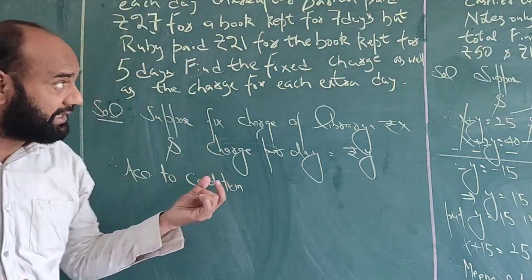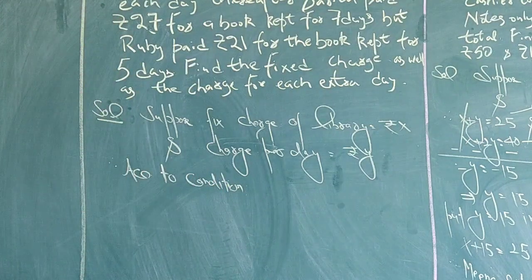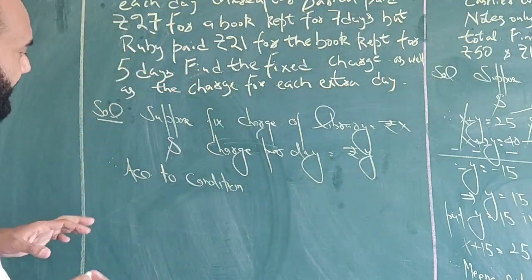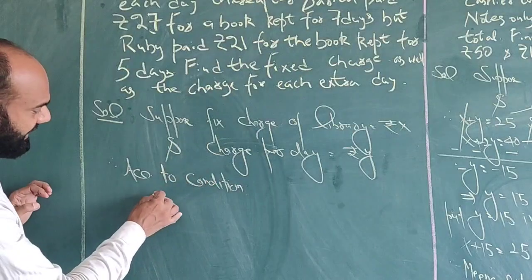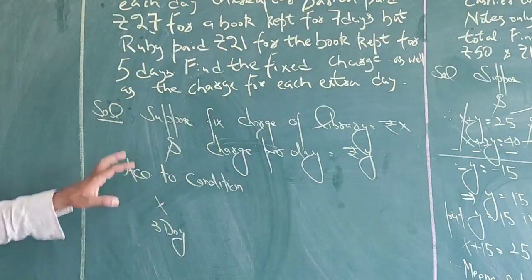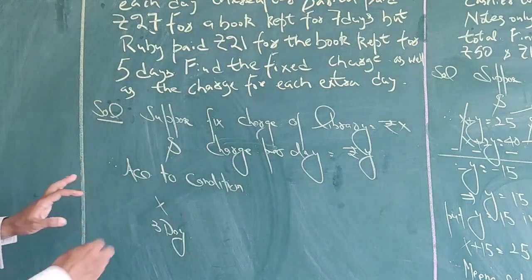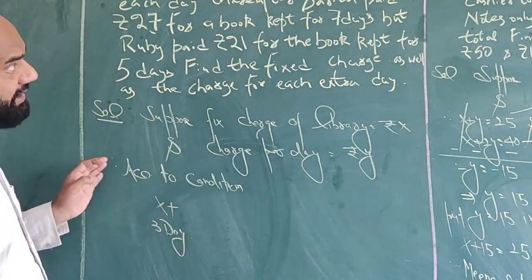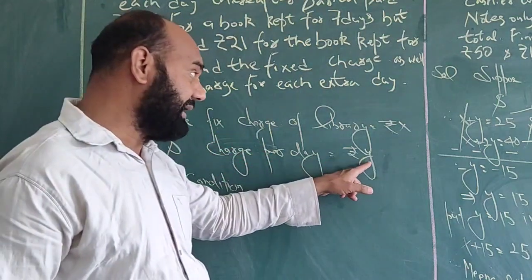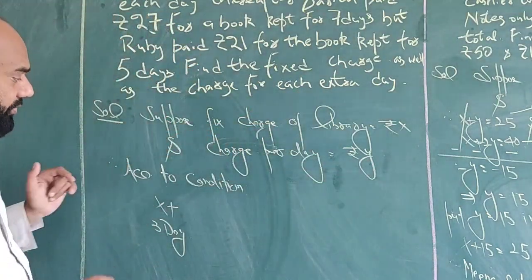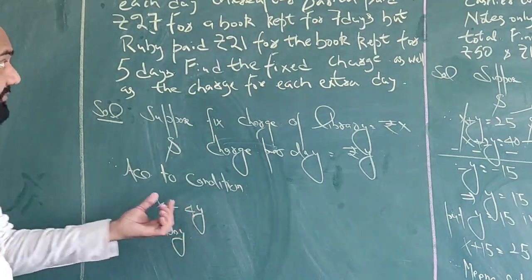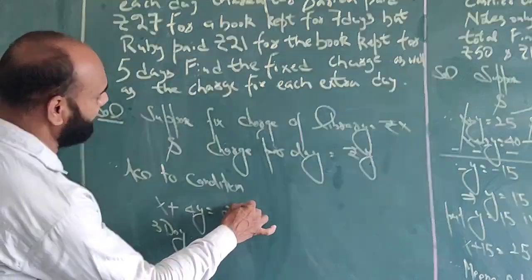So x is charged for 3 days, and when Sarita kept the book for 7 days, the charge per day is y. Therefore, the charge for 4 days is 4y. x plus 4y is equal to 27.